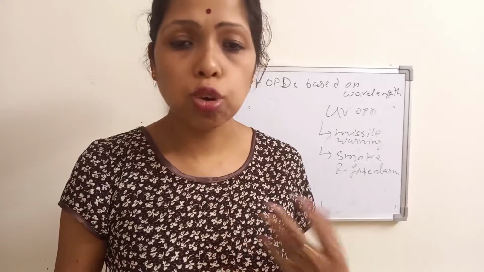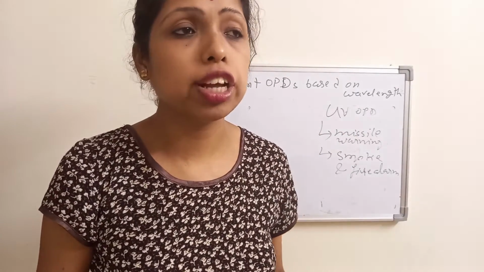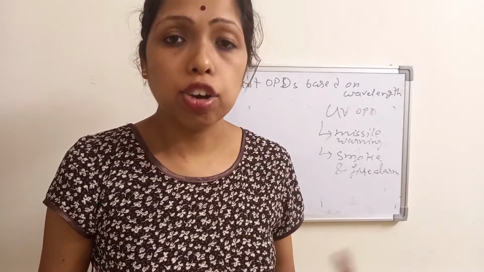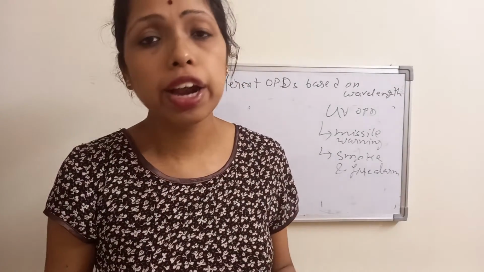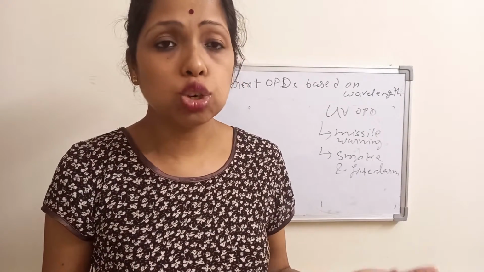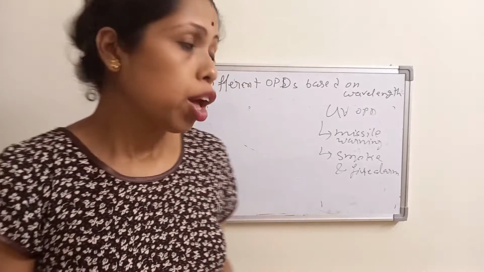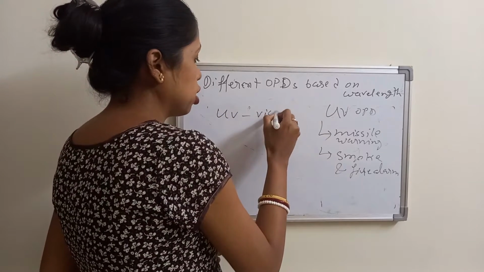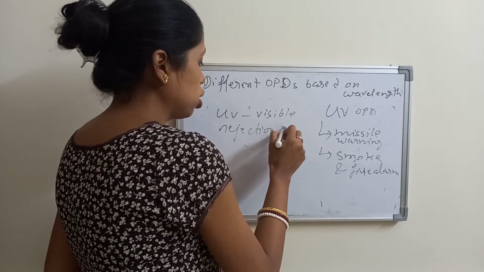So earlier, lots of photodetectors were designed based on gallium arsenide and silicon, only silicon and only gallium arsenide. By using these materials, lots of photodetectors were successfully designed which can easily show a good response, right? So there is one parameter, the UV to visible rejection ratio.